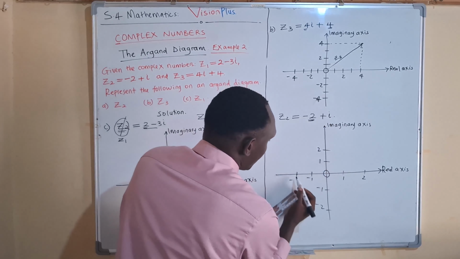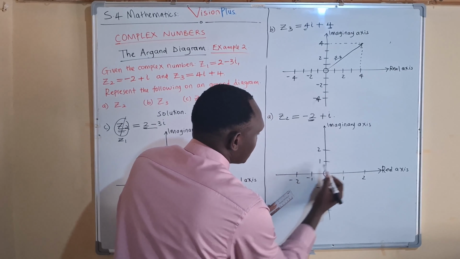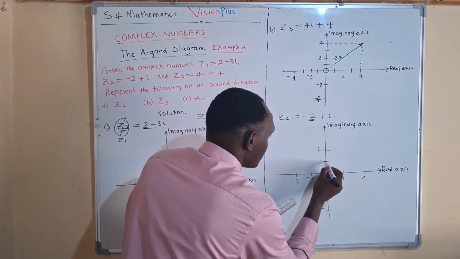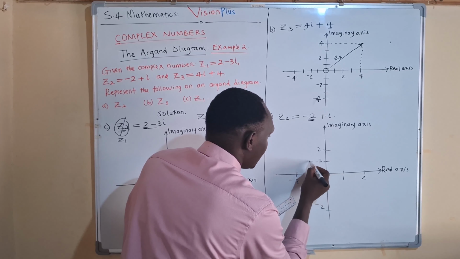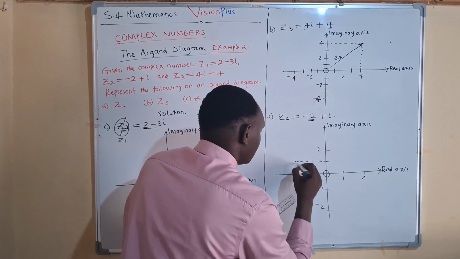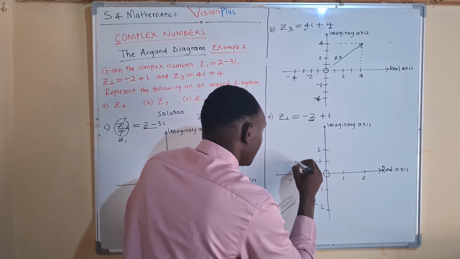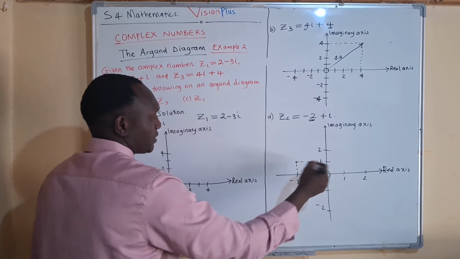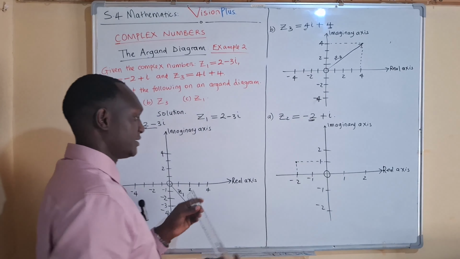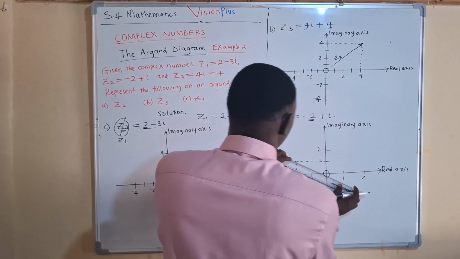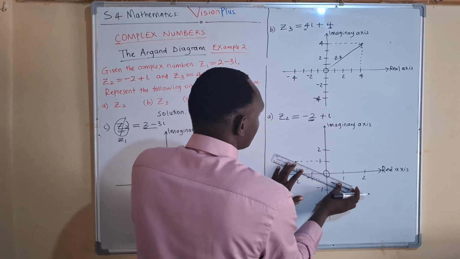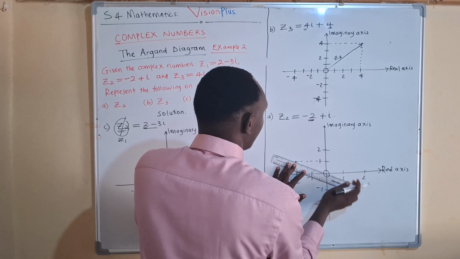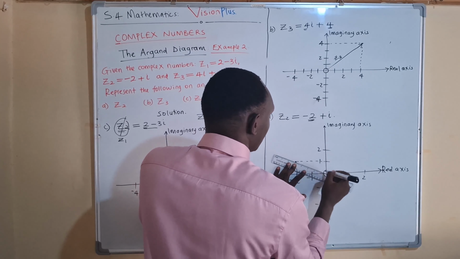Now we're going to look for where this negative 2 of the real axis will intersect with positive 1 of the imaginary axis. So you just draw a guiding line here, dot it. Then you draw the vertical line, dot it. It should be approximately straight, horizontally straight and vertically straight. And then from here, you come and draw. I've said that you must use a ruler. You cannot say, for me I don't have a ruler. You buy a ruler.